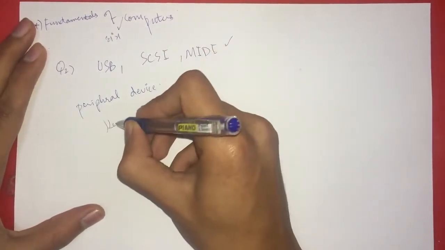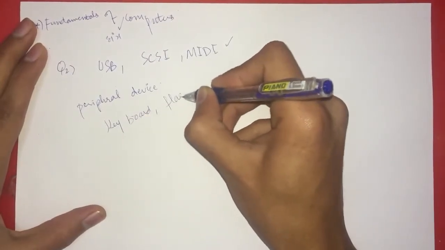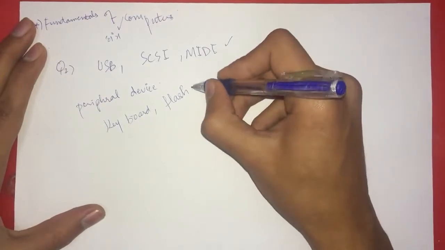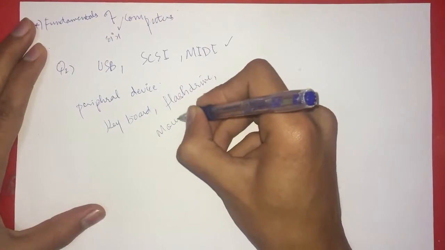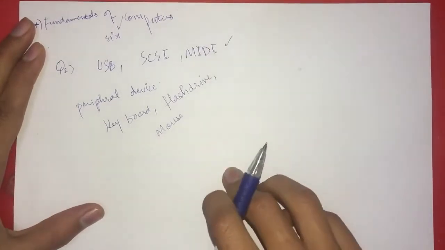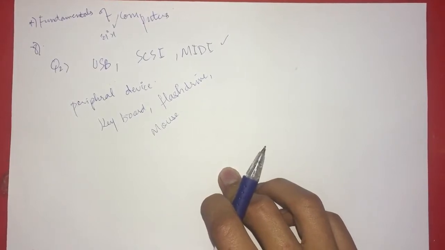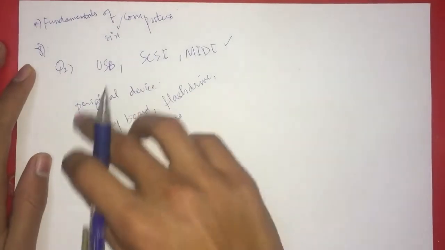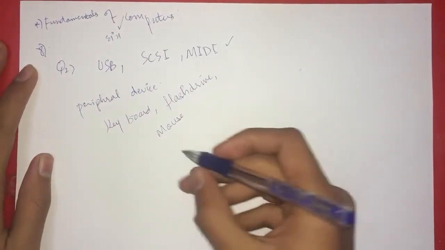For example, you have a keyboard, you have a flash drive, you have a mouse, and you have many other computer peripherals which can be connected to a USB port. So what are its uses? It lets you connect all of these devices to it, and there are many types of USB ports.